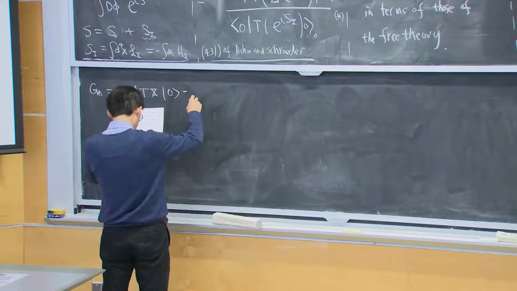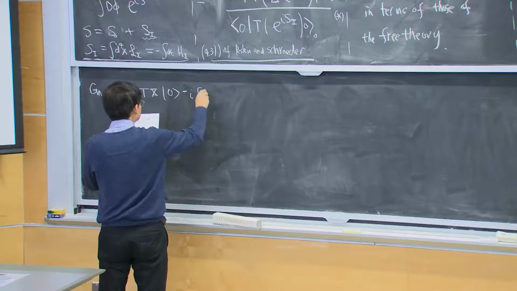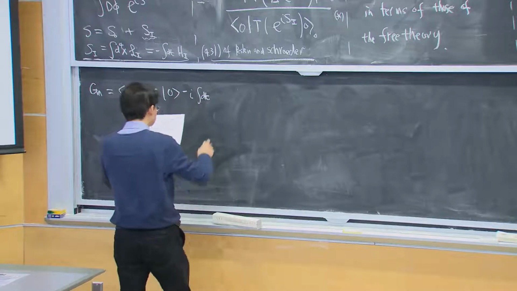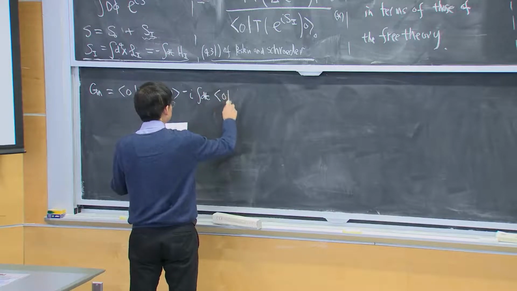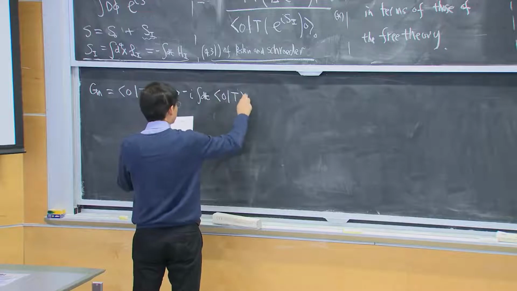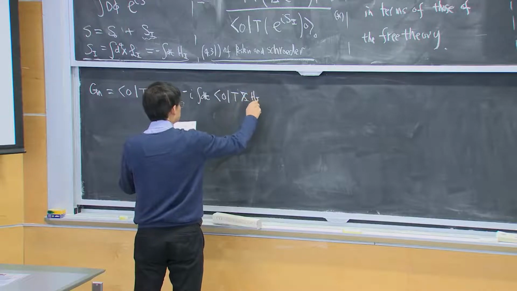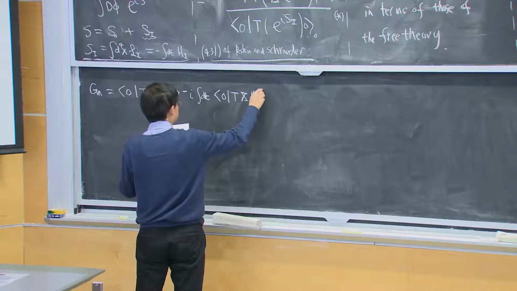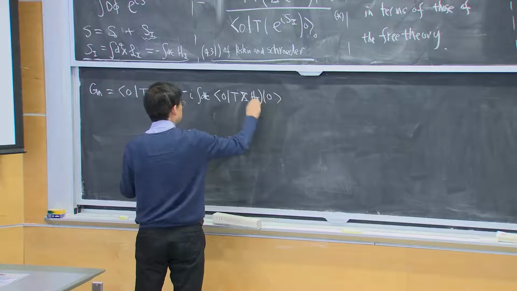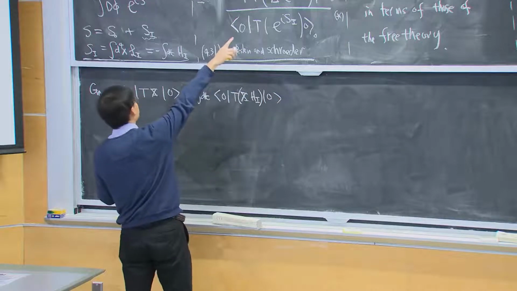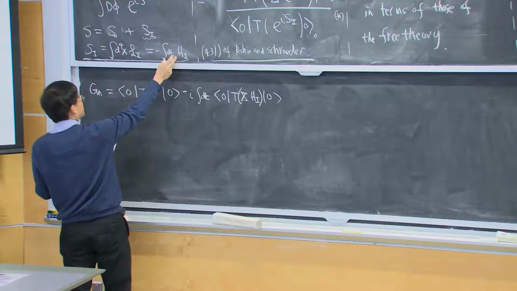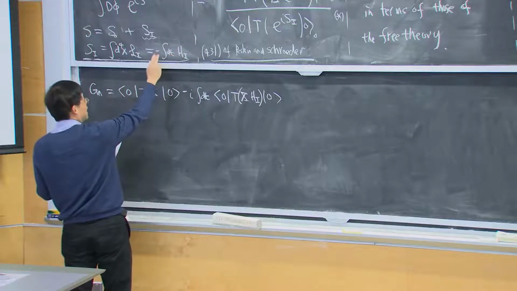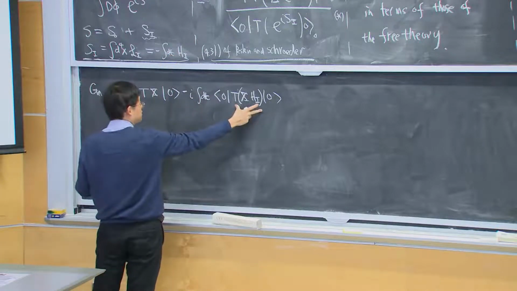The next order would be i dt, T x H_I. So I have expanded to the first order in S_I. When I expand S_I, it becomes dt times H_I with a minus sign.